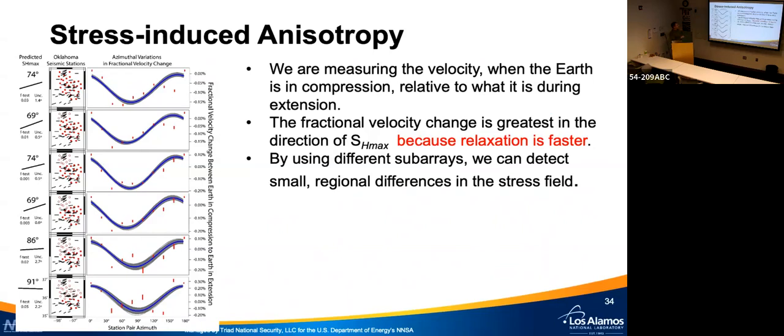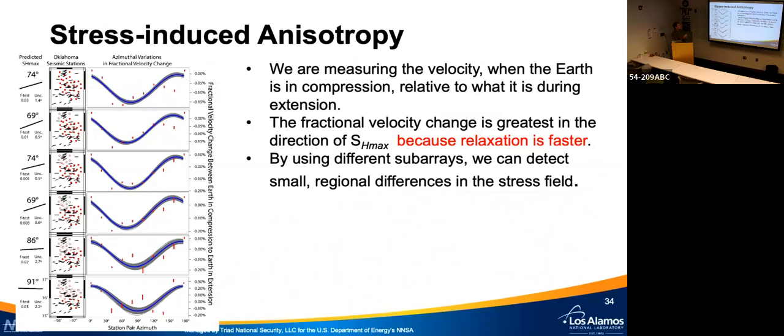This is in Oklahoma. Over here is just an array of stations, which are the red dots. And I do different subarrays. The filled in circles are the ones that I'm using for each of these calculations. And what I want to do is measure the variation due to the relaxation rates, which is due to the anisotropic stress field.